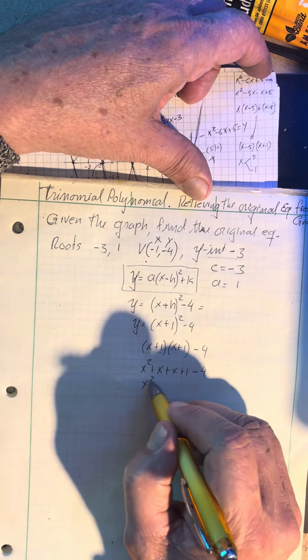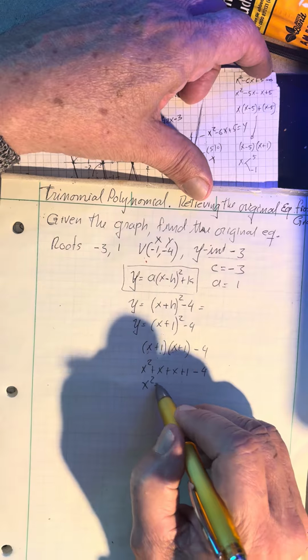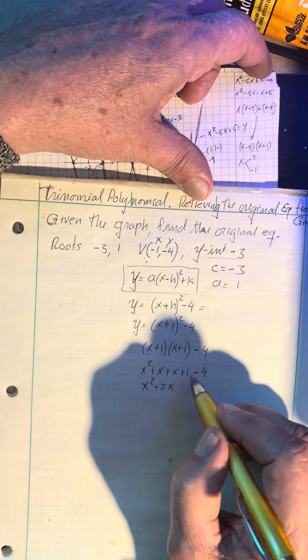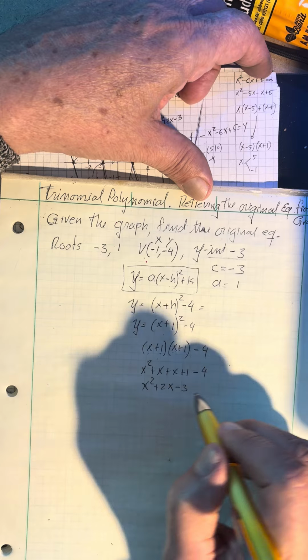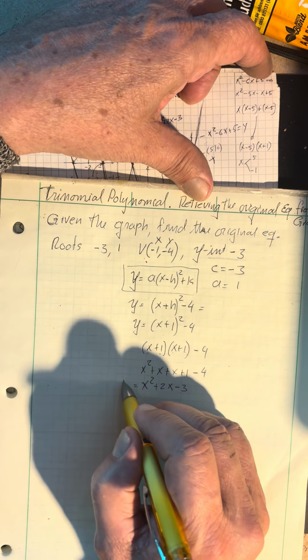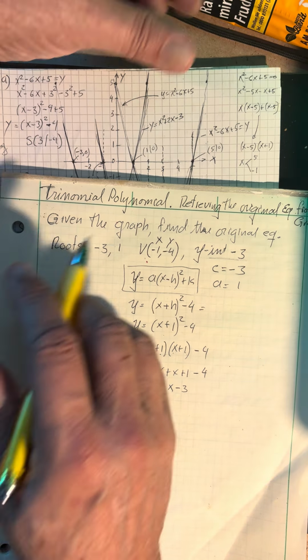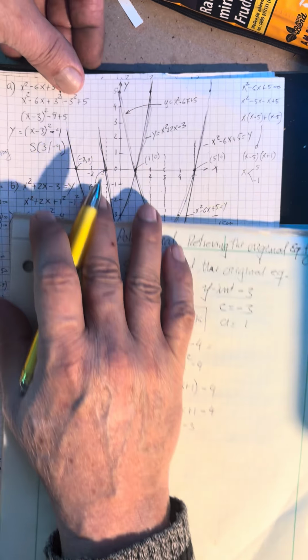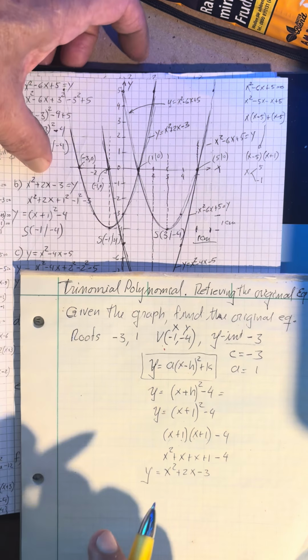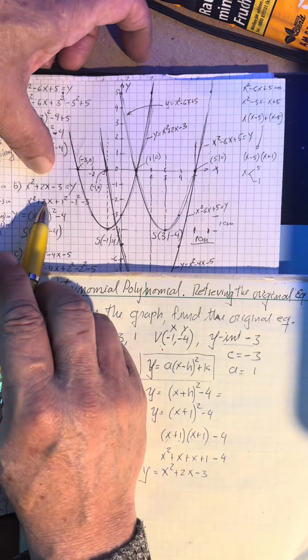So the original equation should be y equals x squared plus 2x minus 3. That's it. So let's look at the equations here. I think it's here.